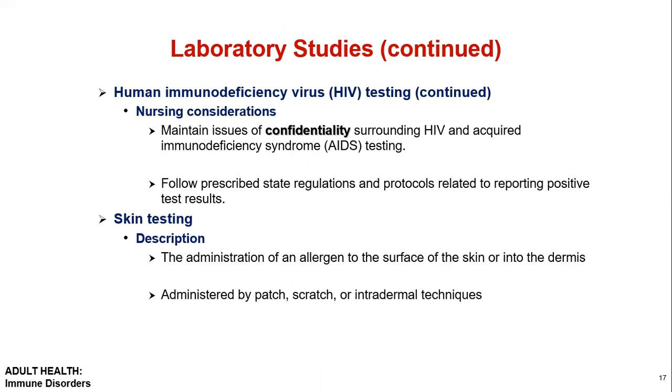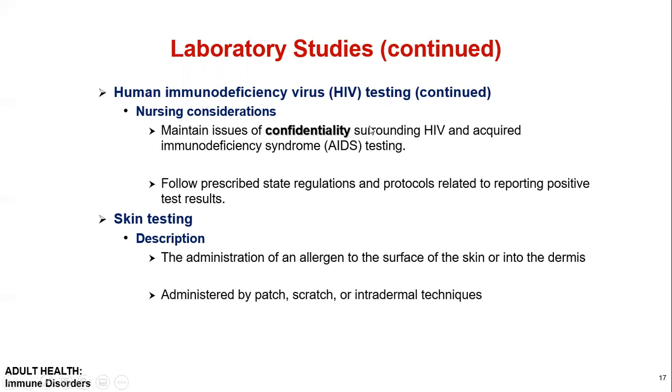So if any patient is HIV positive or AIDS, how we can diagnose them or what are the nursing management or nursing care. So maintain issues of confidentiality surrounding HIV and acquired immunodeficiency syndrome, which is called AIDS.